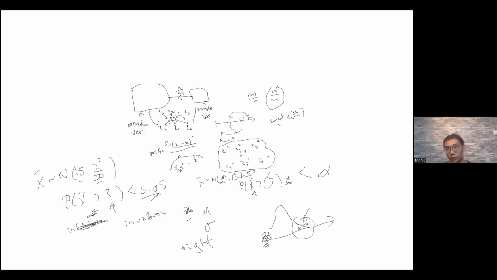If it's a two-tailed test, either you change this to 0.025 and then use right, or you key in this 0.975. No, sorry, 0.95.